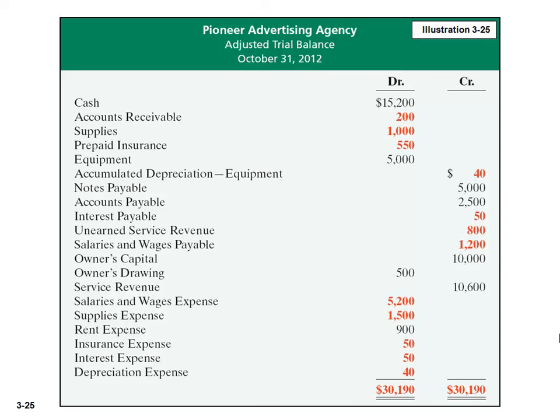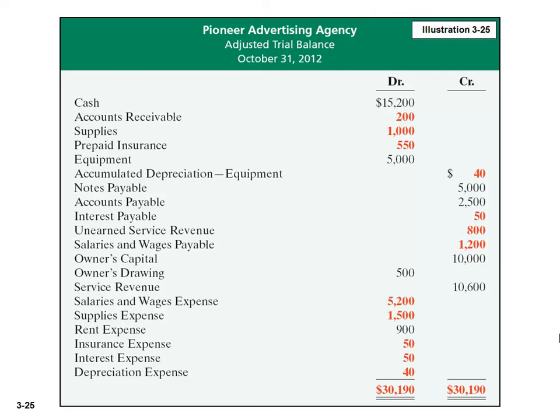There's an example of an adjusting journal entry, which we'll look at more closely in the coming pages, but you can see how financial condition has been changed from our original starting position to our ending October 31st position, where we have an adjusted trial balance showing the effects of our adjusting entries after we recorded them and posted them into the ledger.